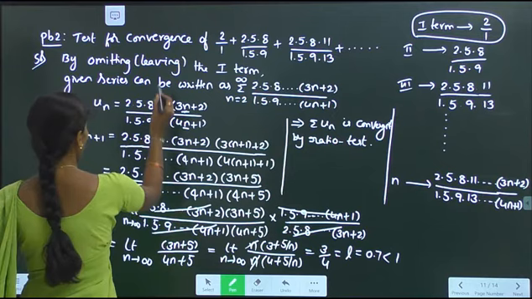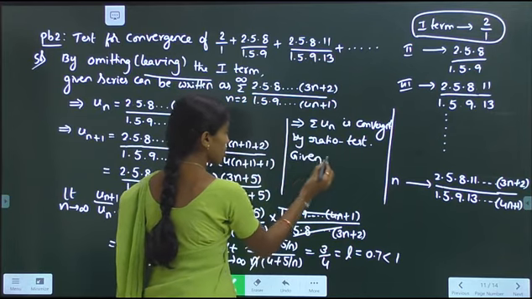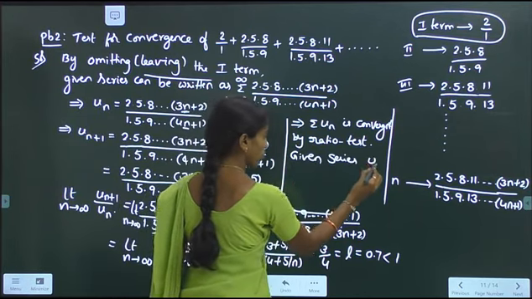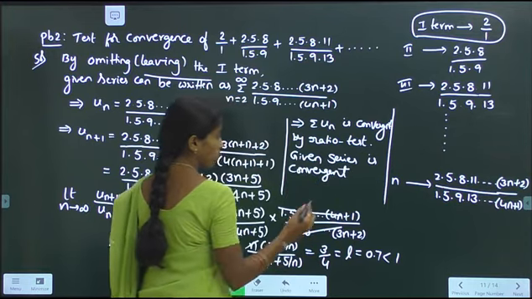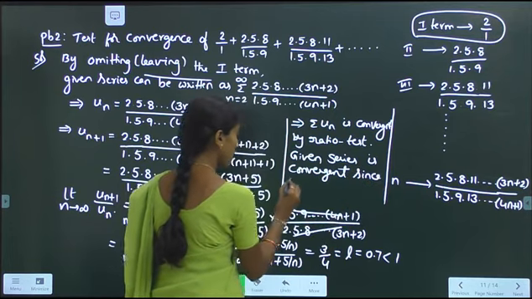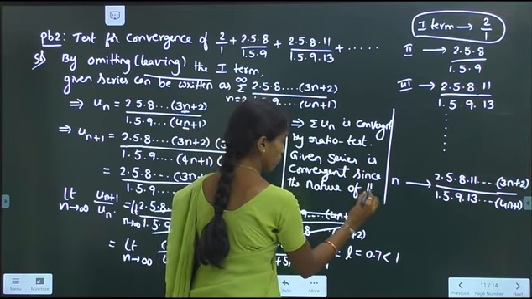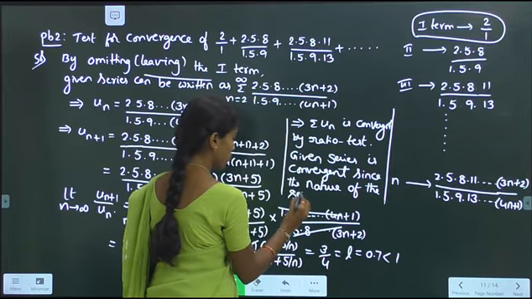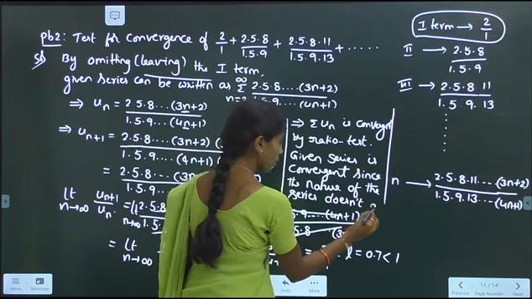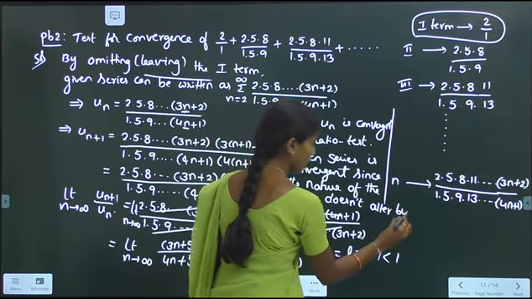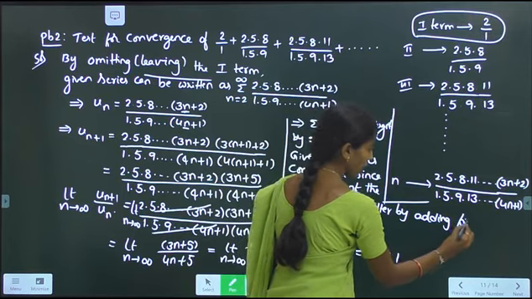But we are leaving, otherwise omitting, the first term. Implies given series is convergent, since the nature of the series does not alter by adding a finite value.